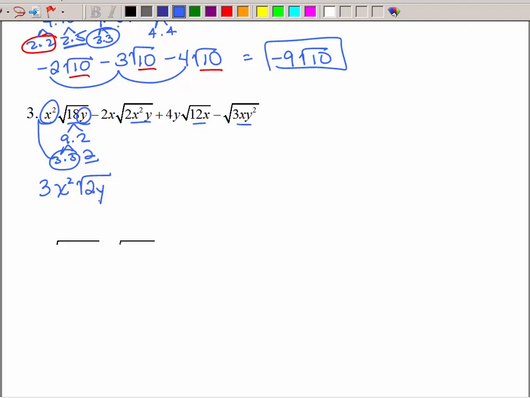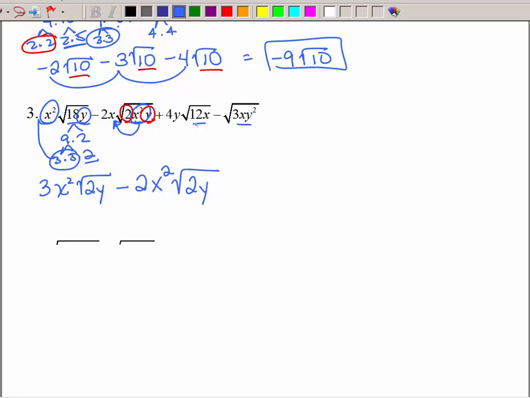That stays inside the radical. Okay, here x squared, the square root of x squared is x, so that comes out, but there's already a 2x there. Multiplied by another x makes that x squared, and then all I've got left inside is that 2y.